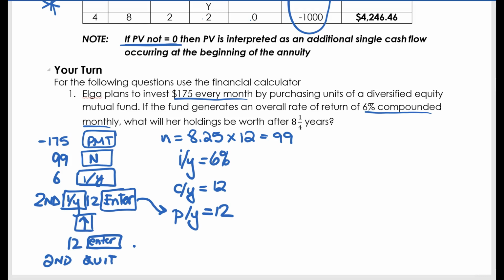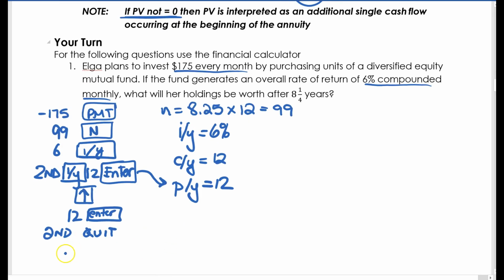You've entered your N. We have to do present value still. So 0, and then present value, because she hasn't invested anything at this point. You've done your payment already, so then you compute future value.